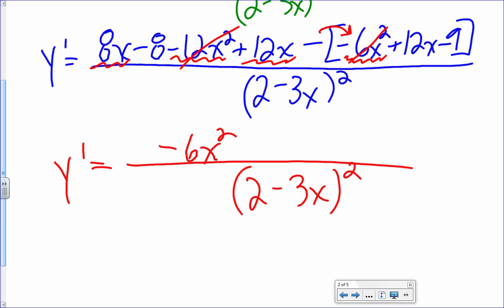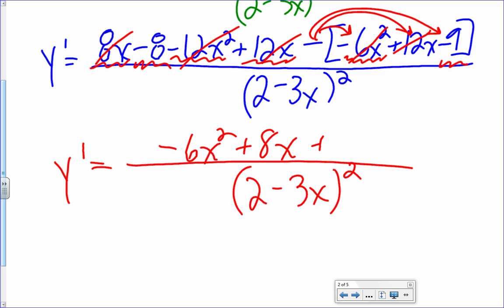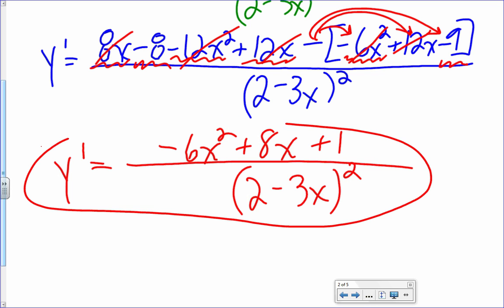That's 20x so far, right? Now be careful. 20x so far, and then minus 12x, right? Or you could look at the 12x's canceling, so 8x. And we got a negative 8 over there and a negative 9 over here. But again, be careful. It's really positive, and so plus 1. Now, it's possible that the numerator factors, and if it does, good for the numerator. But for right now, this is a good form of the derivative.